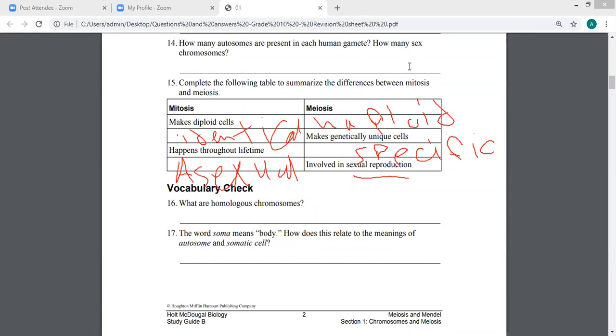The meaning of homologous chromosomes. No one? Guys, what are the homologous chromosomes? No one knows the answer?